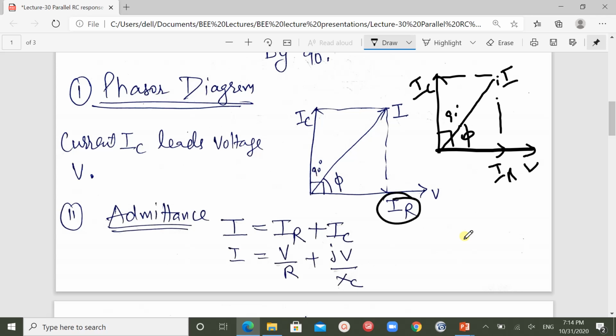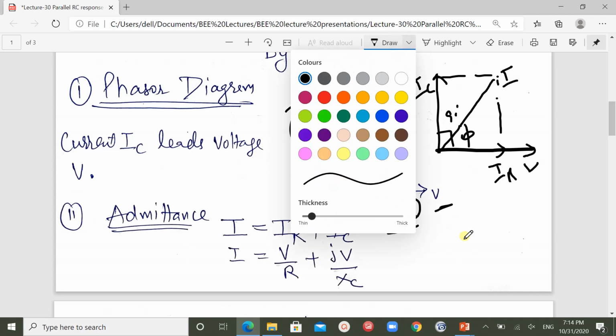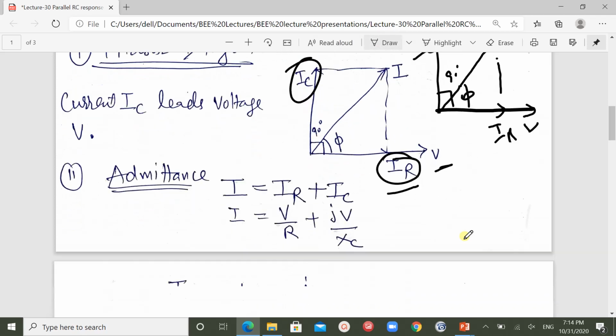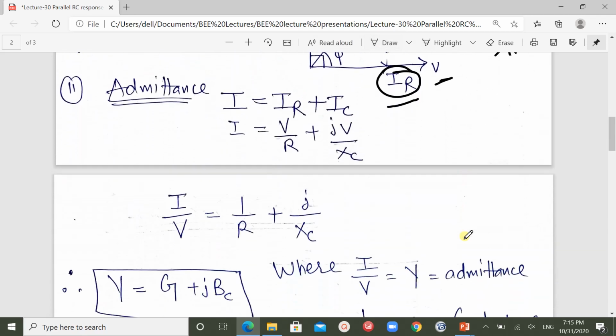IR is the current in the resistance, IC is the current in the capacitor. IR and V are in phase with each other, and IC leads by 90 degrees as shown here. So this is the phasor diagram. Now from this phasor diagram we find the various terms. First one is admittance. Total I is equal to IR plus IC.